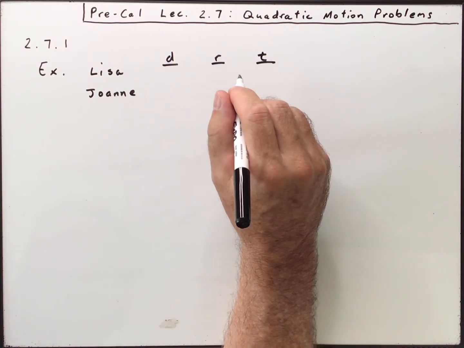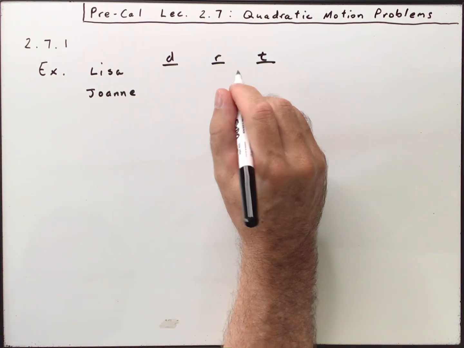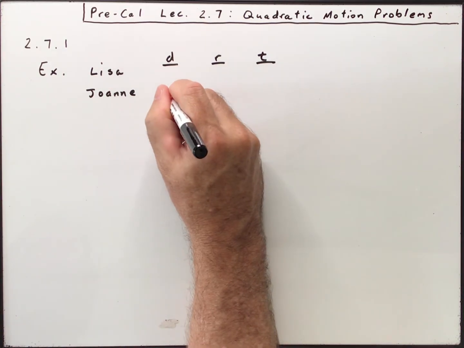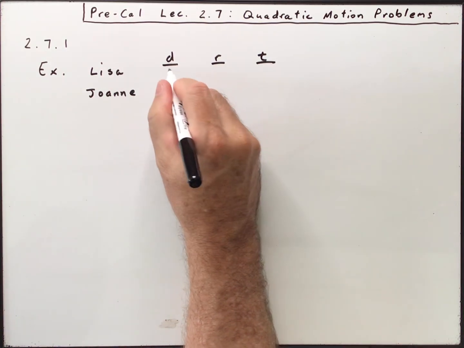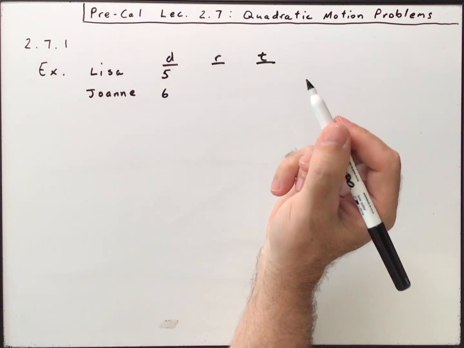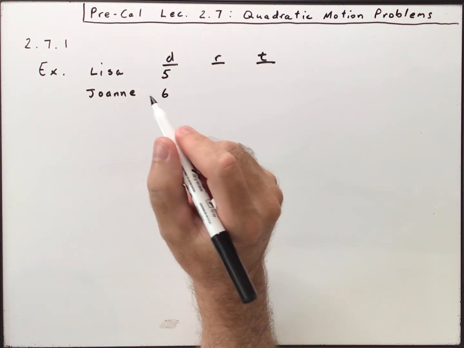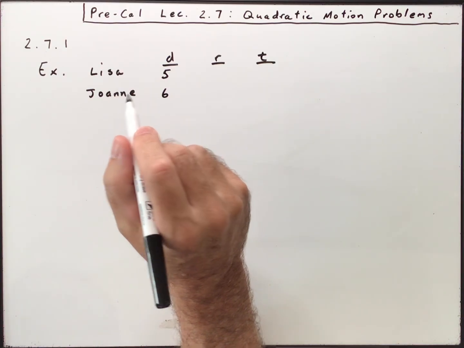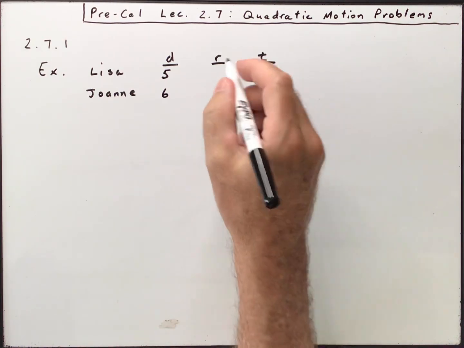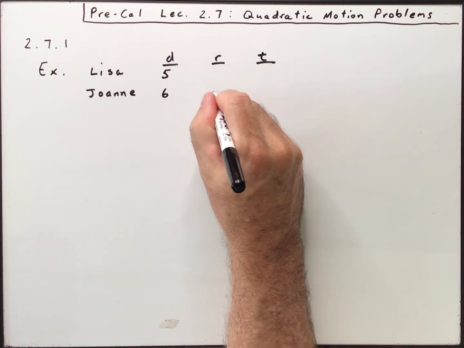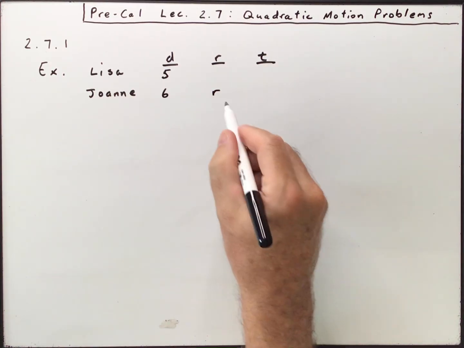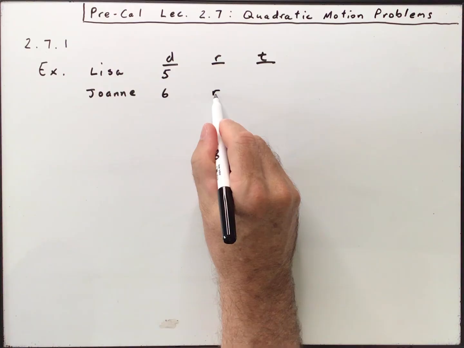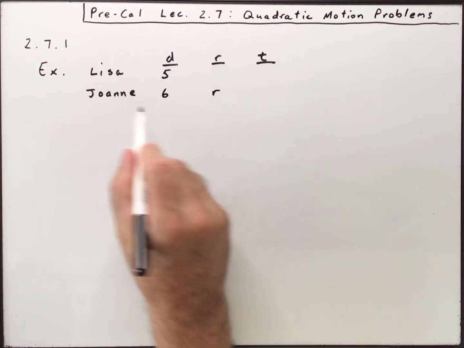So we know that the distance, so Joanne is hiking a 6-mile trail, and Lisa is hiking a 5-mile trail. So that part's easy. We want to know how fast does Joanne hike? Okay, so I'm going to give her the r because we want to solve for r, and we're especially interested in Joanne's r.